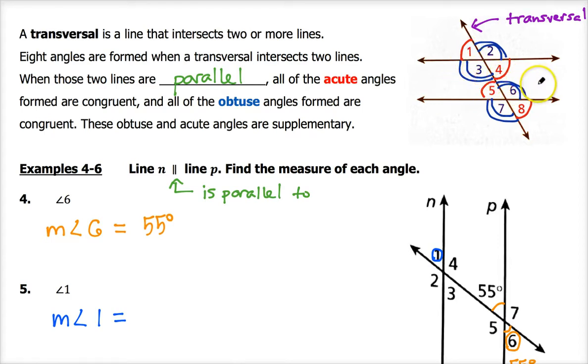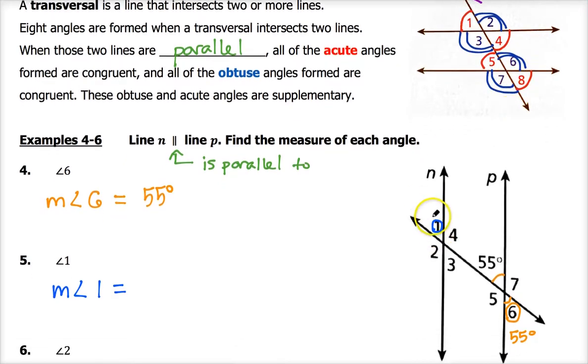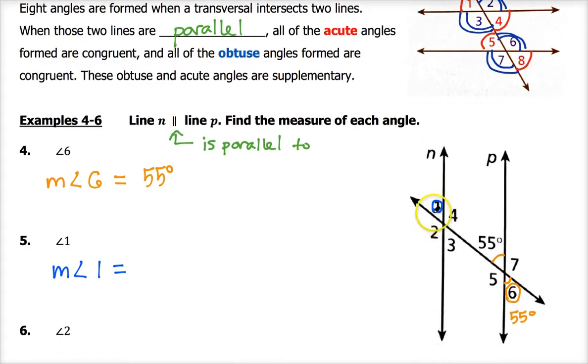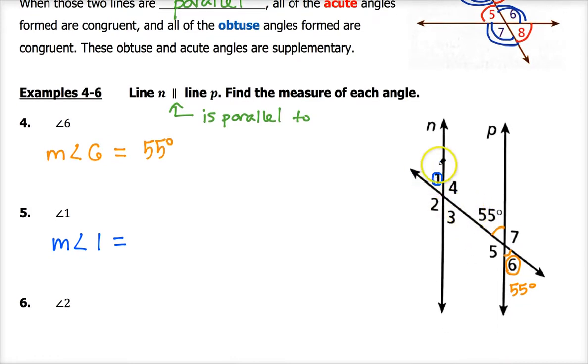Every obtuse angle was congruent to the other obtuse angles. Number 1 here appears to be an acute angle, and when you have two parallel lines cut by a transversal, all the acute angles will be congruent to each other. So angle 1 will be congruent to all of the other acute angles.